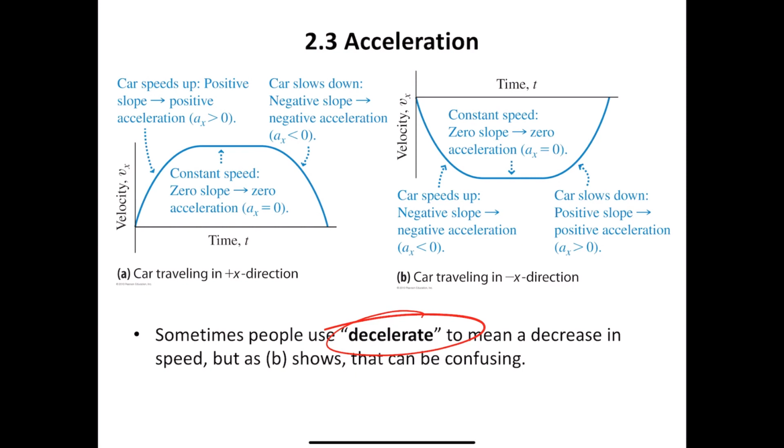Okay, how about speed? Speed is always positive, remember. But think about whether the speed is increasing or decreasing. When it goes up, it's decreasing. When it comes down, it's increasing. Therefore, the word deceleration is focusing on the speed.